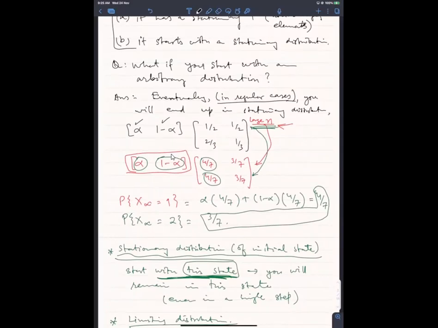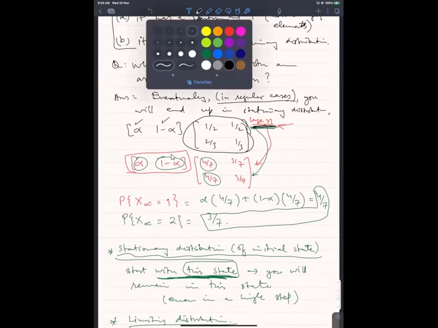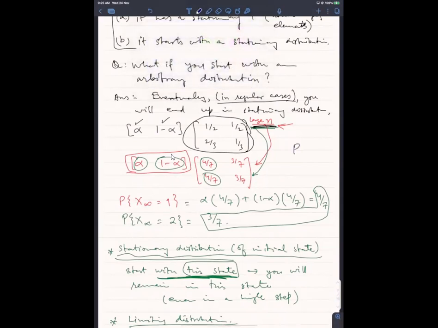Take this matrix, call it P. Multiply P by P. This is a 2 by 2 matrix, multiply it by another 2 by 2 matrix, do it 2 times, 3 times. If you do it infinite times, you will end up getting this.